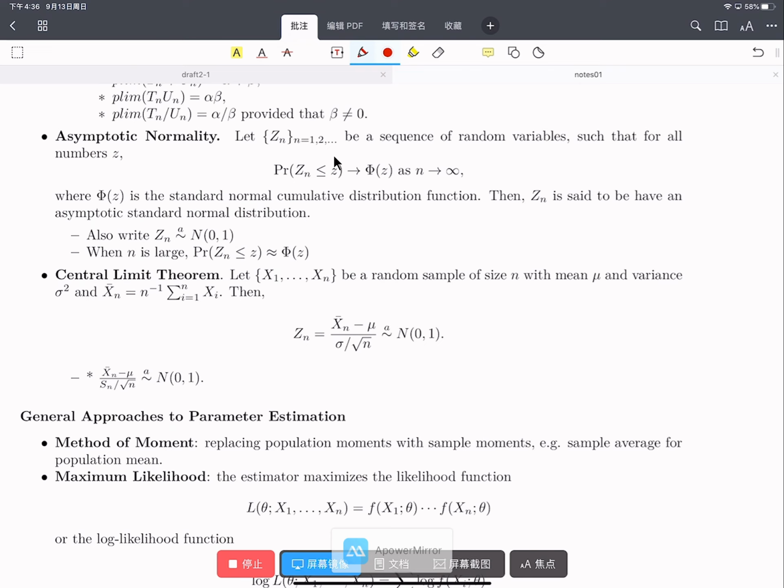In the first sample, you just have one observation, in the second sample you have two observations, and in the third sample you have three observations, for example. For each sample you have a sample average, and the sample averages associated with each sample form a sequence of random variables.